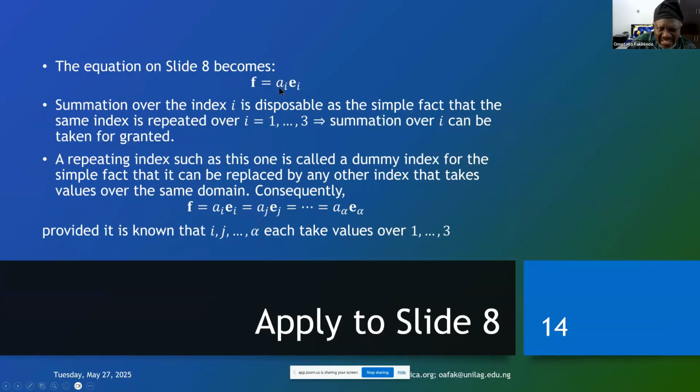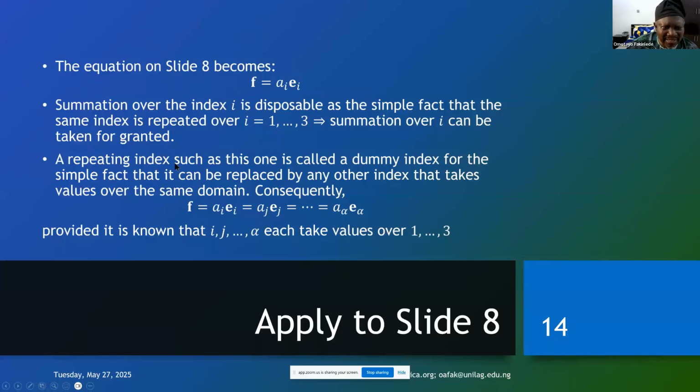We don't need the summation sign again. The summation over the index i is disposable, as the simple fact that the index is repeated implies i equal to 1, 2, and 3. Summation over i can be taken for granted.